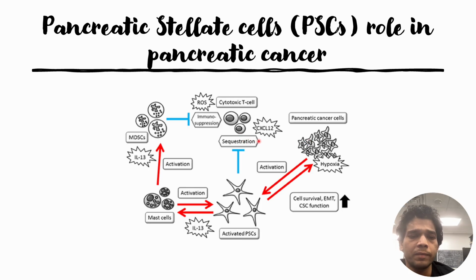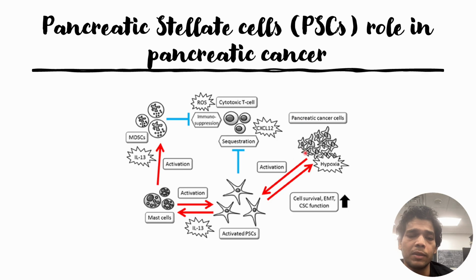So this is one way by which the activated pancreatic stellate cells and myeloid derived cells help in pancreatic cancer development. The other way is that the activated pancreatic stellate cells can provide hypoxia conditions to the pancreatic cancer cells, and these hypoxia conditions help in the progression of the cancer cells by providing an immunosuppressive environment.